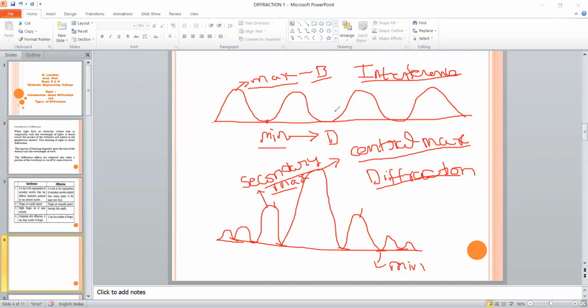Now, you remember both pictures, that means the intensity distribution curve for interference and diffraction. Then we can easily understand the differences between interference and diffraction. You all remember these pictures, okay?